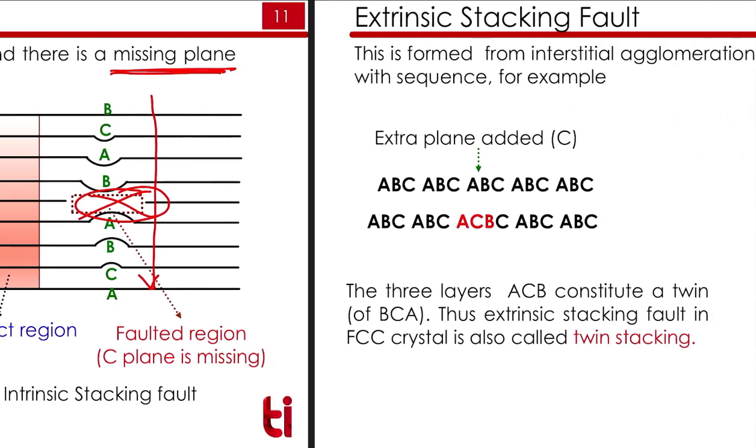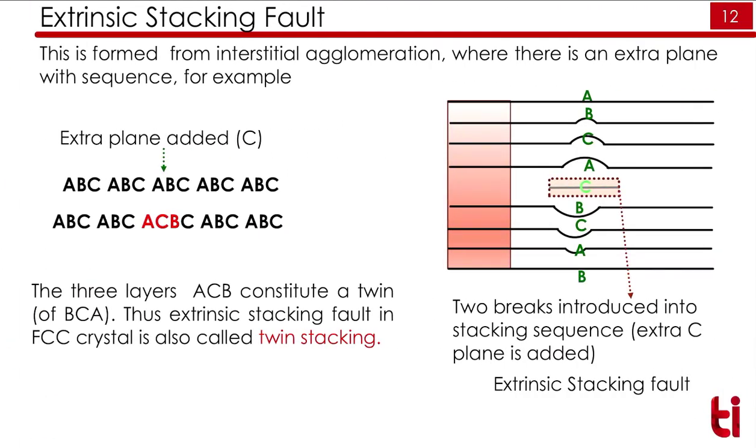So this is an intrinsic stacking fault. In an extrinsic stacking fault, there is an addition of an extra plane within the sequence. If there is an addition of an extra plane, that we call an extrinsic stacking fault. The example here again is FCC, we have ABC, ABC, ABC, a uniform structure.